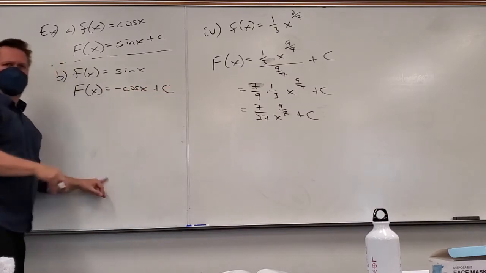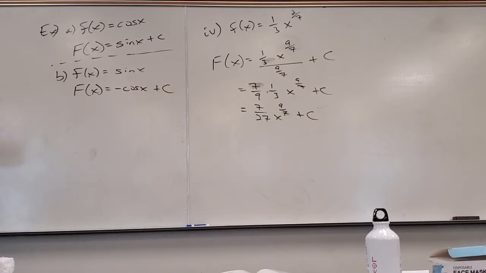You guys see that? What really sucks about antiderivatives is you have to think backwards. You can hear the gears grinding as you're trying to think backwards. It's going to suck, it just is. You've got to get used to doing derivatives, you go one way, doing antiderivatives, you go the other way. So your gears are going to be grinding sometimes.